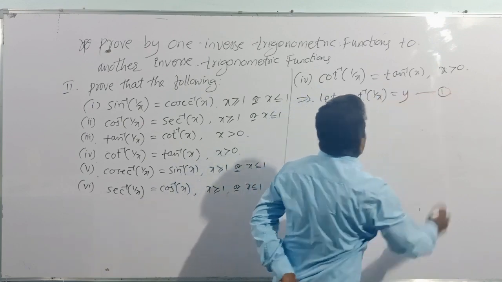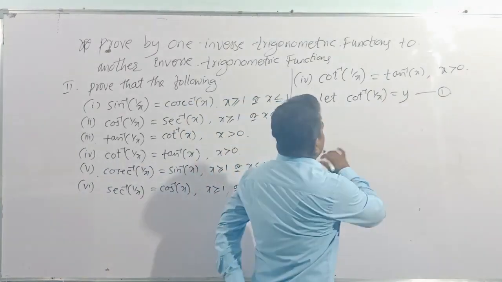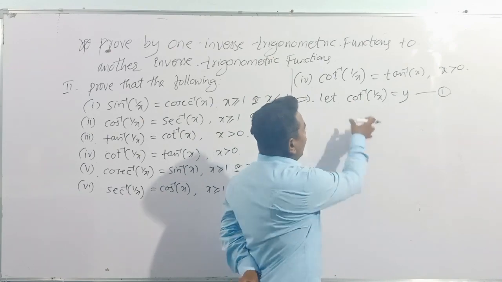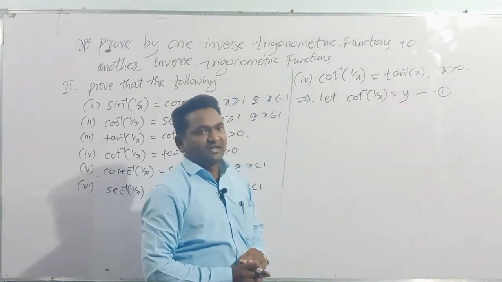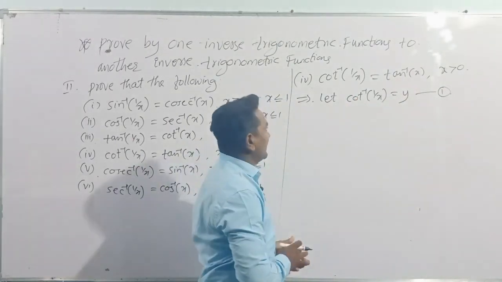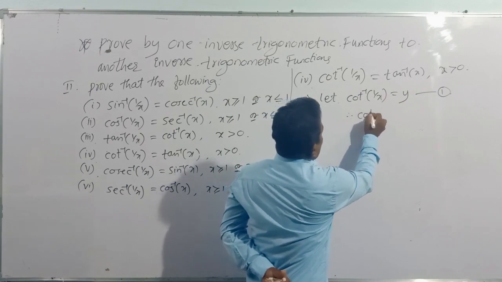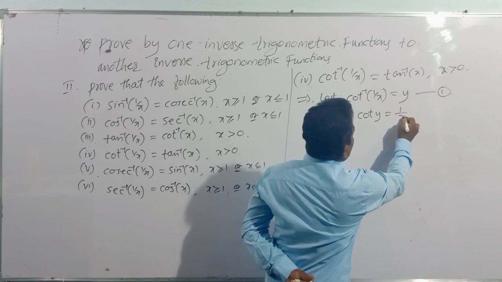Take it as equation number 1. Now further repeat same procedure. This cot inverse move right hand side, it becomes trigonometric function. Inverse functions move right hand side, it becomes trigonometric function, and trigonometric functions move left hand side, it becomes inverse trigonometric functions. So therefore cot y is equal to 1 by x.